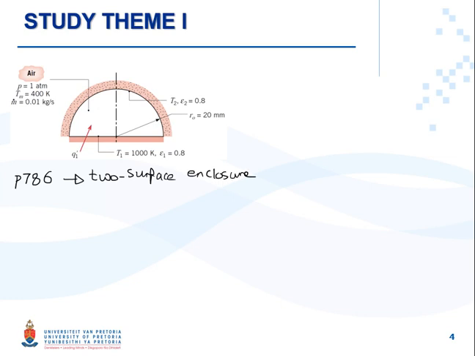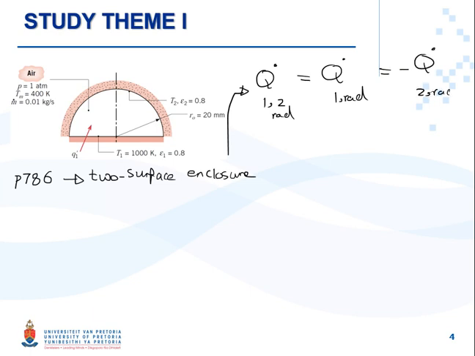we have one correlation: q dot 1 radiation is equal to minus q dot 2 radiation. Let's write the energy balance for surface 1 and surface 2.